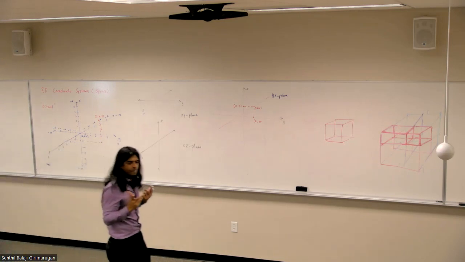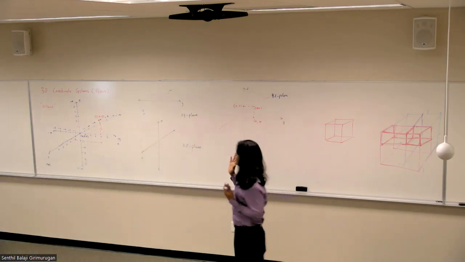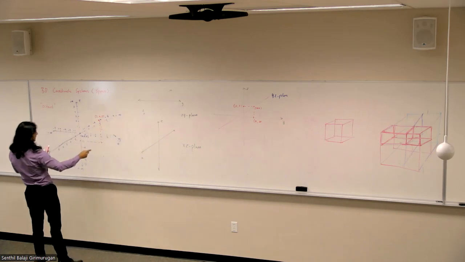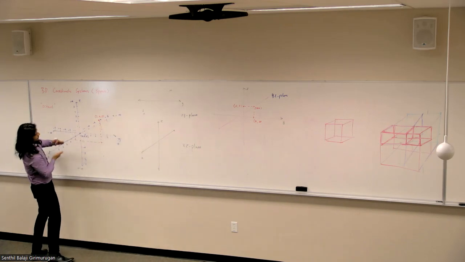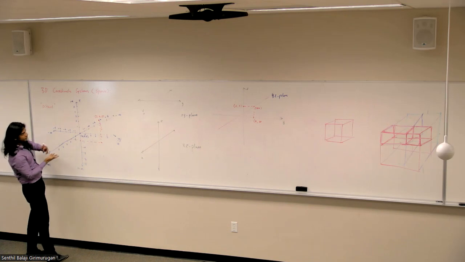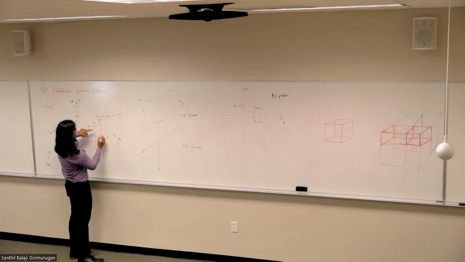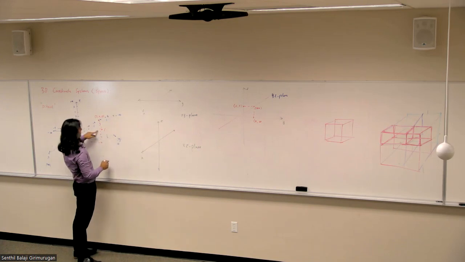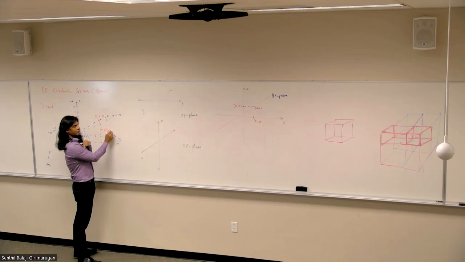Which one would you drop? Z. Okay, so there is no z here because you are dropping onto the xy plane. So you can write the point where you projected to as 2, 4, 0.